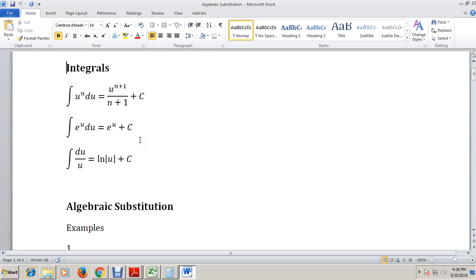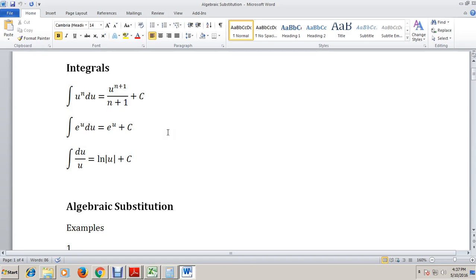Next is the integral of e raised to u du, which results in e raised to u plus c. Finally, the integral of du over u is ln of u plus c.